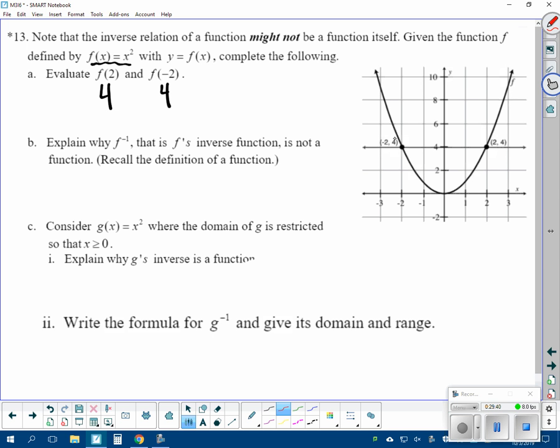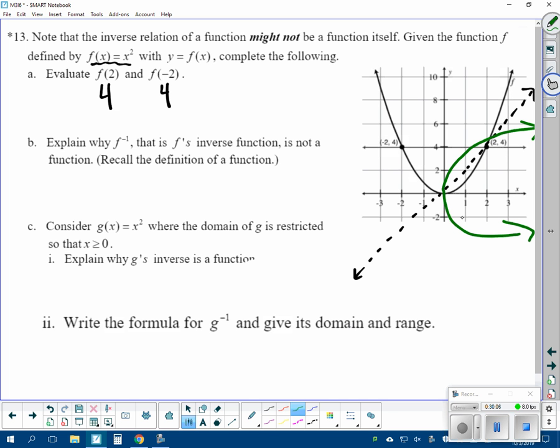But does each output have only one input? No, because look, I have outputs of 4 with 2 different inputs. Okay? Imagine reflecting this across y equals x. What's it going to look like? It's going to be a sideways parabola.